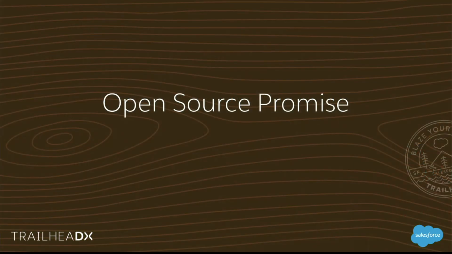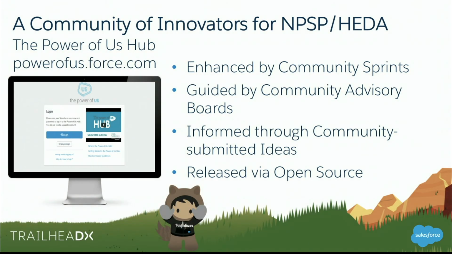Lastly, I want to give you a little bit of enthusiasm about our world, because our world is amazing. And it is because our products are built on the open source. So what does this really mean? When you join our ecosystem as a customer, as a developer, or as an ISV, you're going to join the Power of Us Hub, and you're going to be able to participate in the literal real-time construction of these applications as our community grows. We do community sprints where community members will come together and be like, we need reports on this, so we're going to build it and then give it to you.